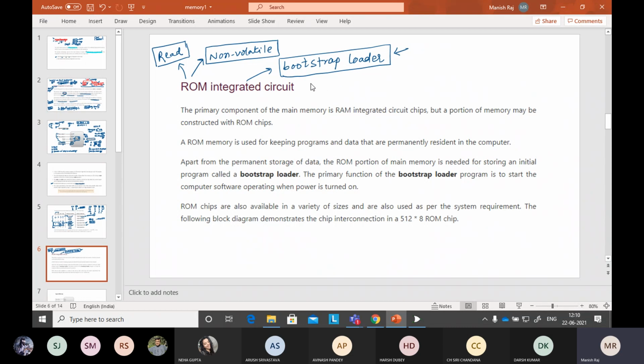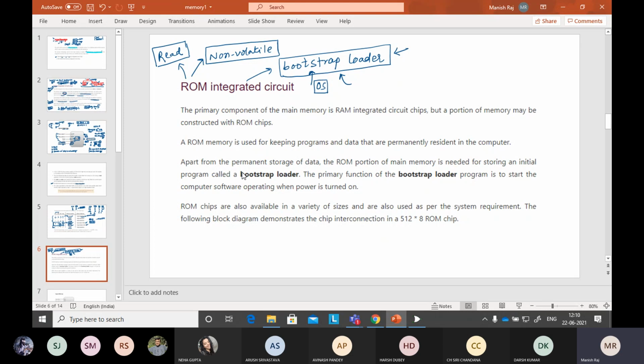Before that, a particular program in the operating system will start working, so the memory will not change. When you plug in or plug off, the program will start and stop, so there is no effect on the memory.